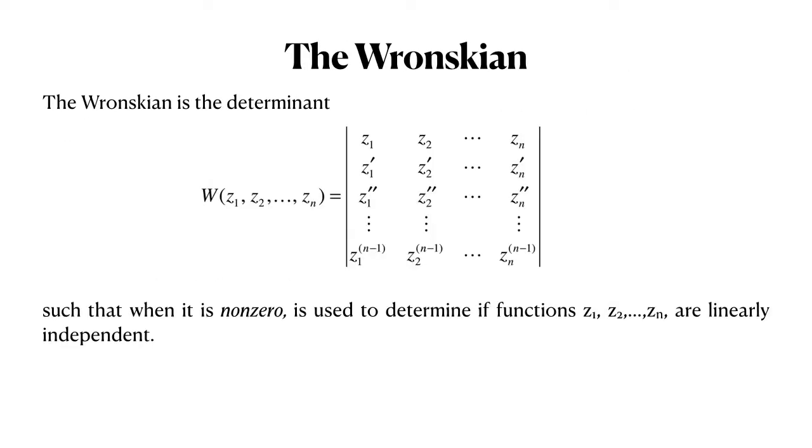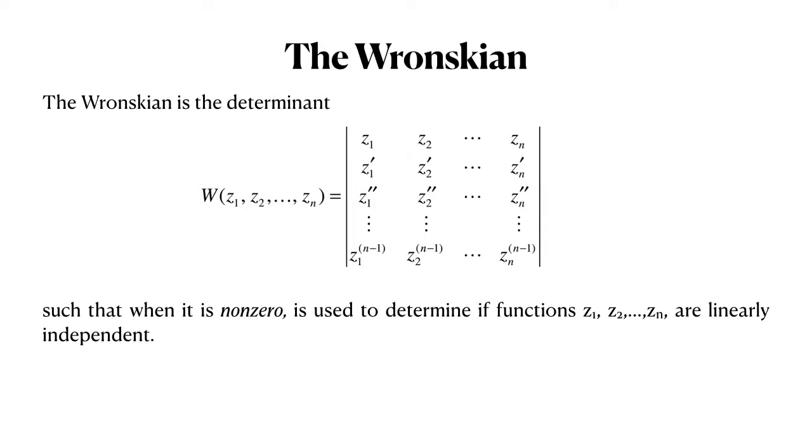The Wronskian is W, the determinant, such that when it is non-zero, it is used to determine if the sets of functions z1 to z of n are linearly independent. So if we have sets of functions of an nth order differential equation, supposing those are our probable solutions to our linear ODE, we subject them to the Wronskian.